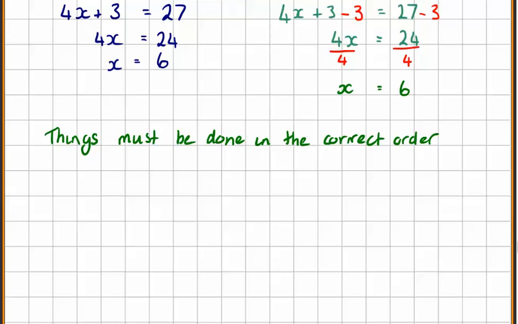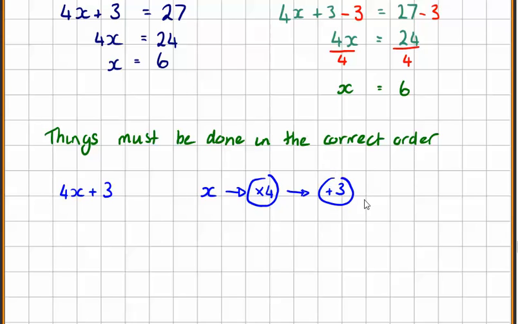You have to do things in the right order because if you do x plus 3 and then times it by 4, it will be different to the answer that you actually did. Perfect, yeah. In numbers, for example, 2 plus 1 or 1 plus 2 gives you the same answer, but in algebra, it doesn't.